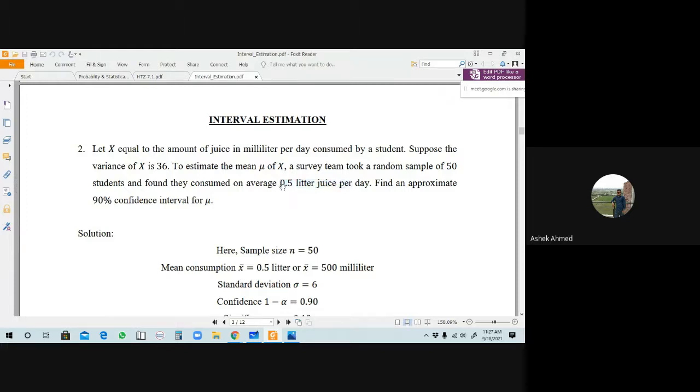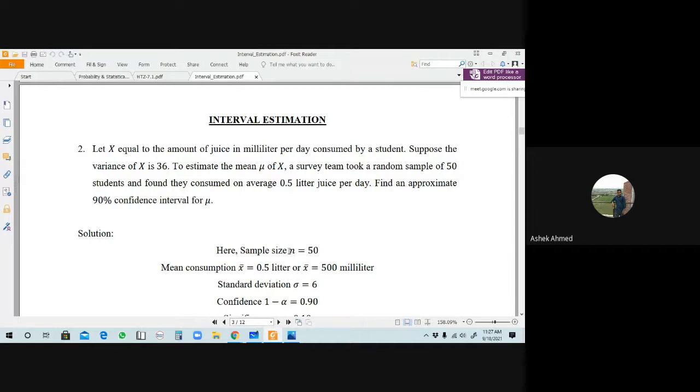Average was said, 0.5 liter of juice per day. But the unit of x was milliliter. So you have to convert this liter into milliliter. Okay, then the value of x bar, the average, is 500 milliliter.